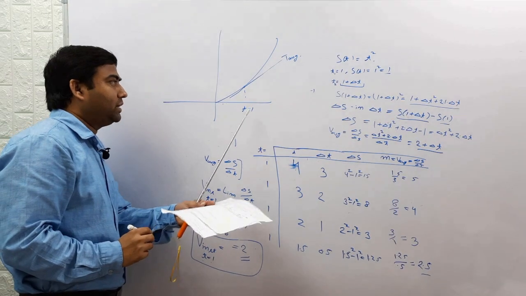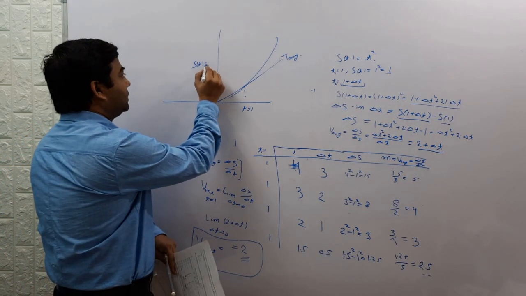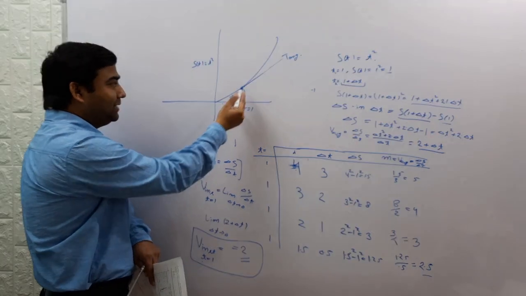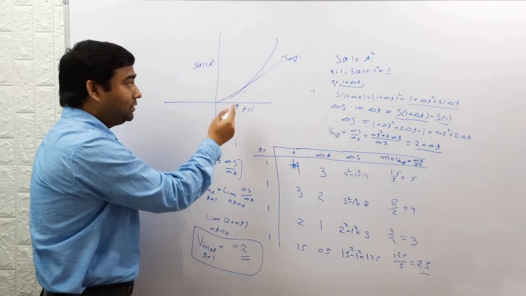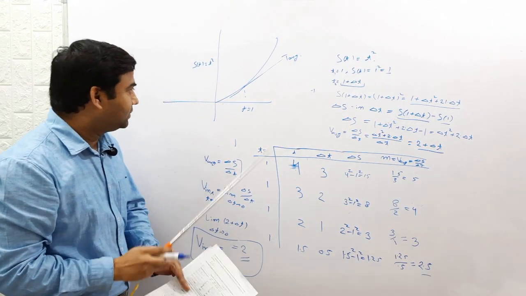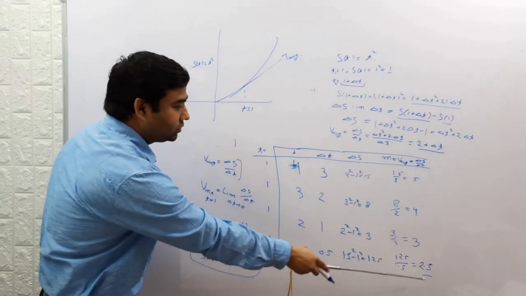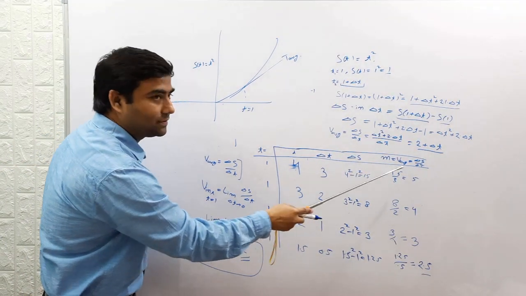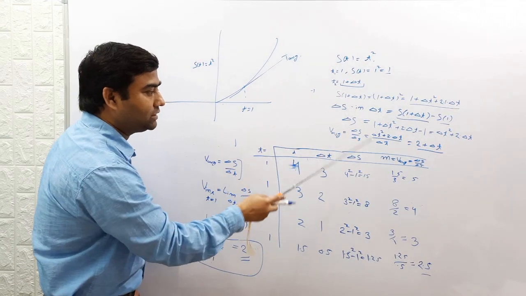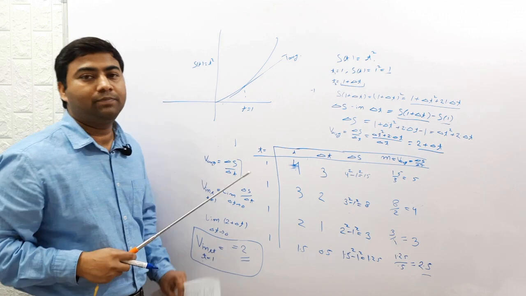The tangent at t equal to 1 of the curve s(t) = t square: the gradient of the tangent will be equal to the instantaneous velocity of the particle at t equal to 1, just analogous to the secant's gradient. The gradient of the secant was equal to the average velocity of the particle between the two joining points.